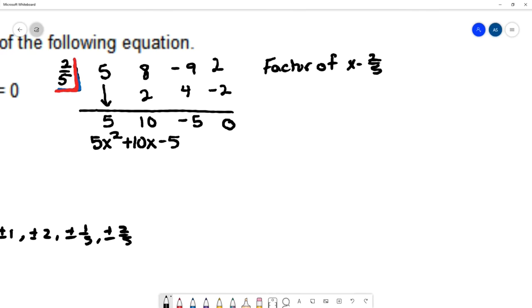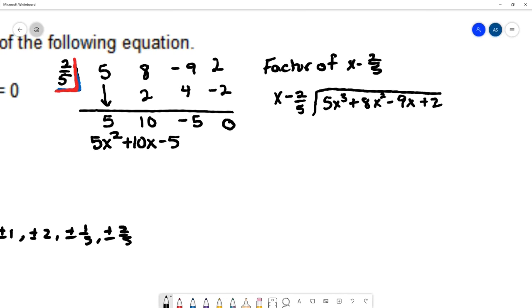And so I'm going to divide using long division, and I'm going to show you how they're very similar to each other. So when you're doing long division, you're going to divide by x minus 2/5 into 5x cubed plus 8x squared minus 9x plus 2.